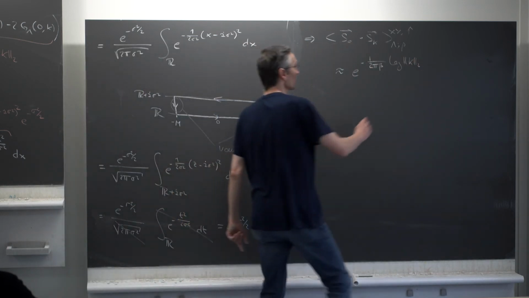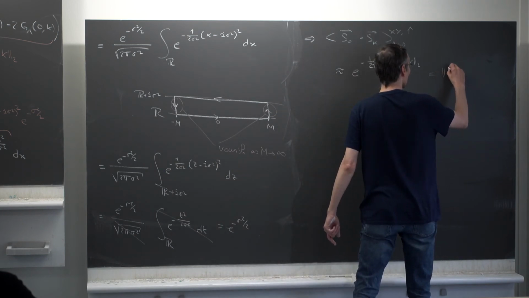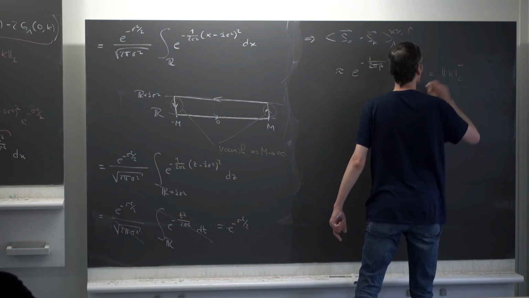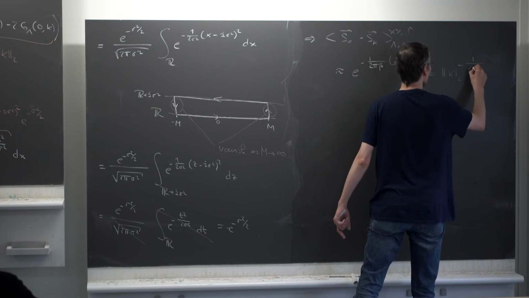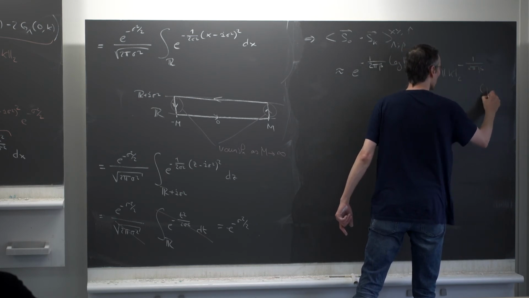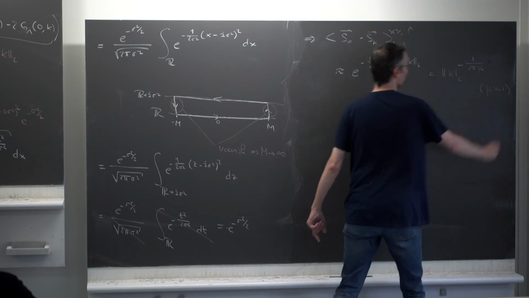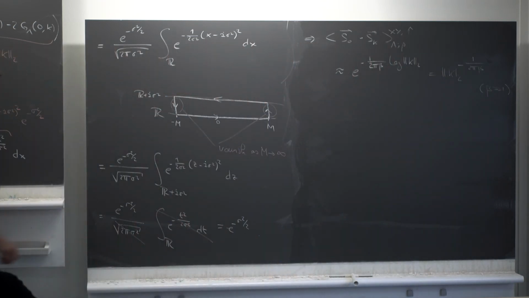But then this is just the Euclidean norm of k to the power minus 1 over 2 pi beta. That should hold when beta is very large, because that's what we assume in the computation.